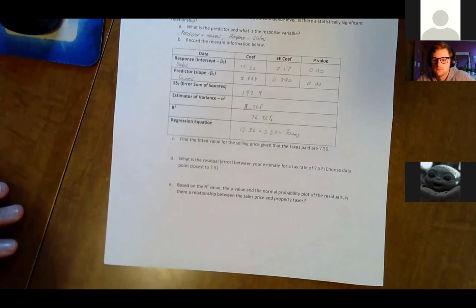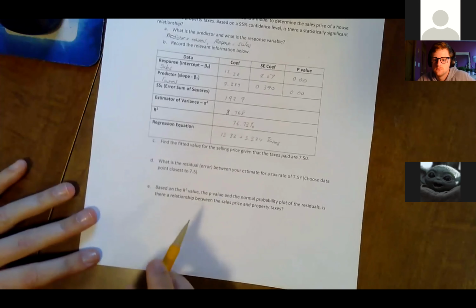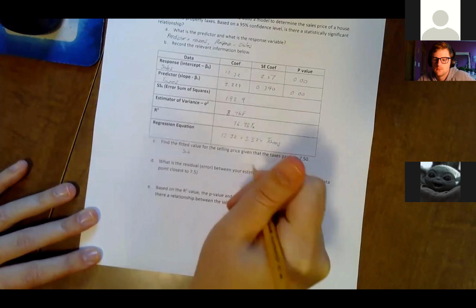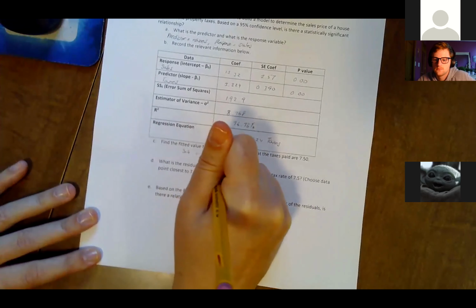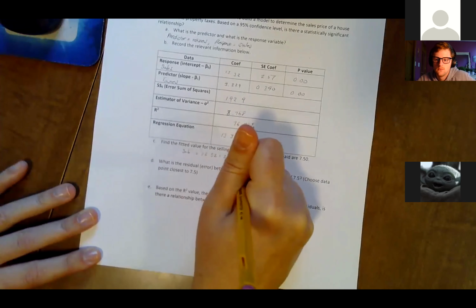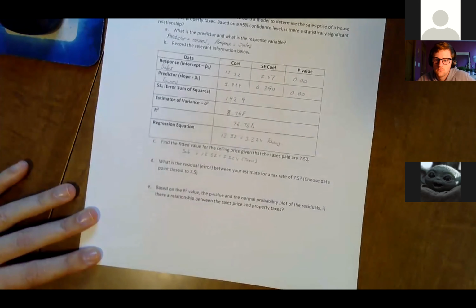And so this is where I'm going to actually use that regression equation to calculate something. I'm going to say that sale is equal to 13.32 plus 3.324 times the taxes, because that's my regression equation, y equals mx plus b.